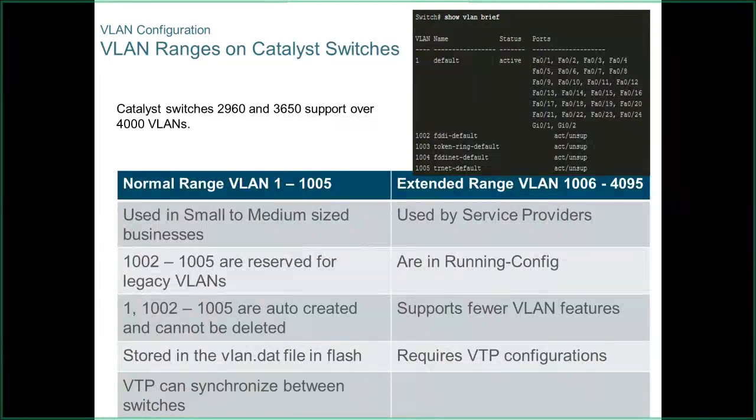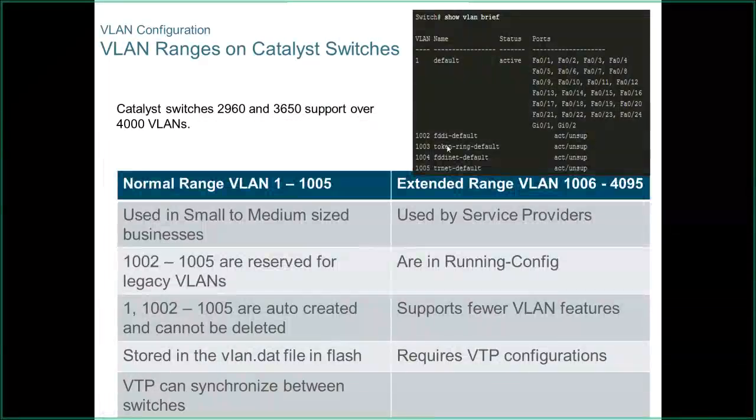Now, VLANs that are reserved and cannot be deleted are 1, 1002, 1003, 1004, and 1005. So the last 4 of the normal range are default specific to a function.